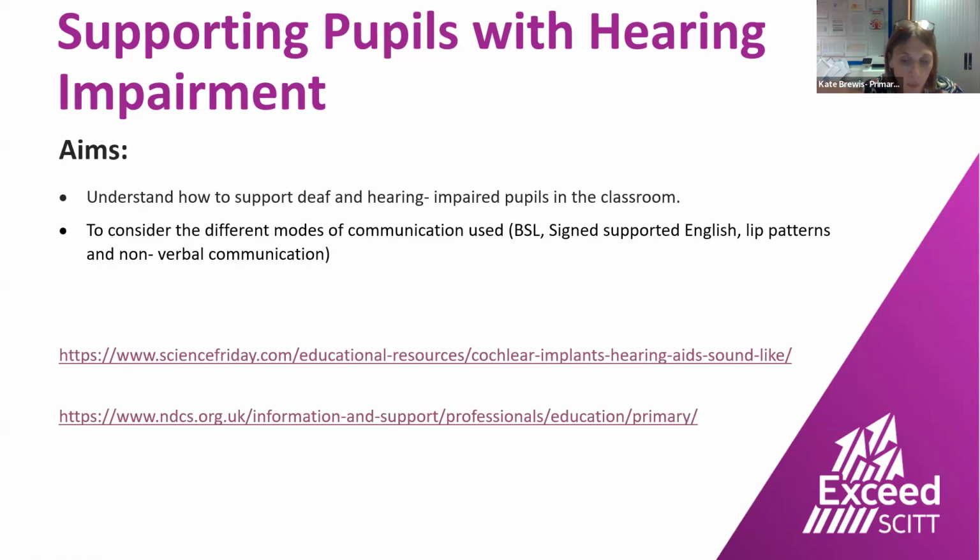Some families want BSL and no oral language. So it's really important that we don't assume how people want to be communicated with, whether they're deaf or hearing impaired. We've recently moved as well to saying it's the resource provision for deaf pupils rather than deaf and hearing impaired, because that's something that's come to light from the deaf community. So that's where we're up to with that.